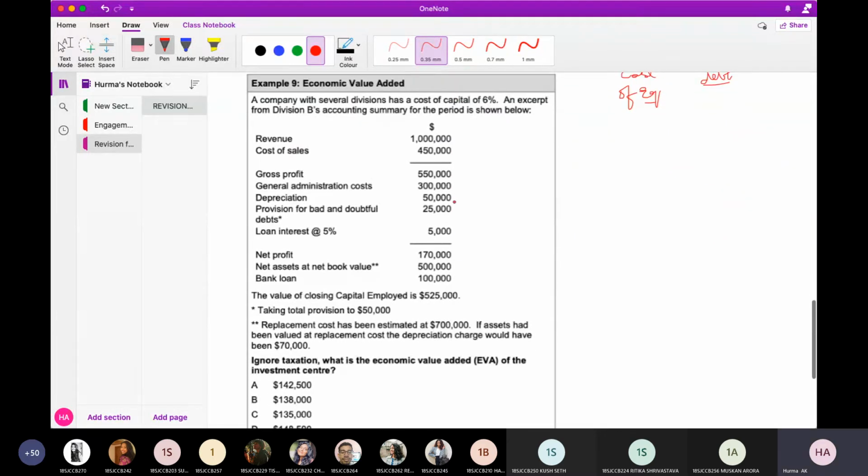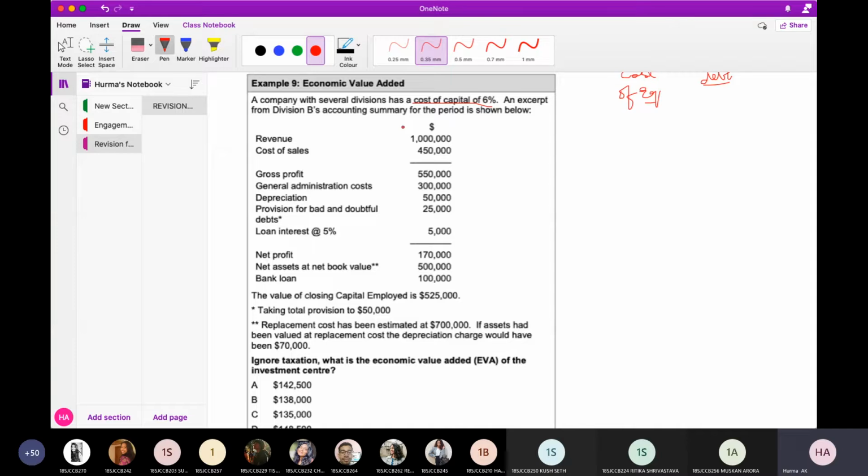Let's do a question quickly. A company with several divisions has a cost of capital of 6%. An excerpt from division B's accounting summary for the period is shown below.